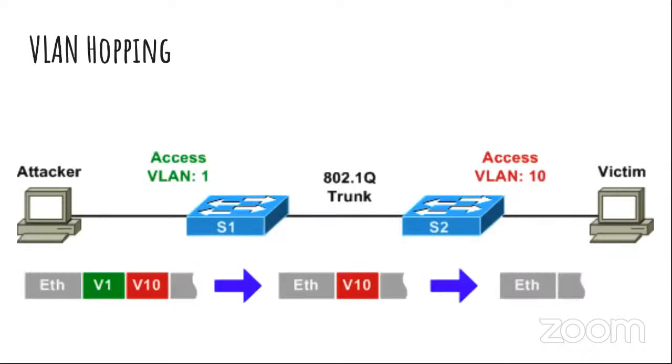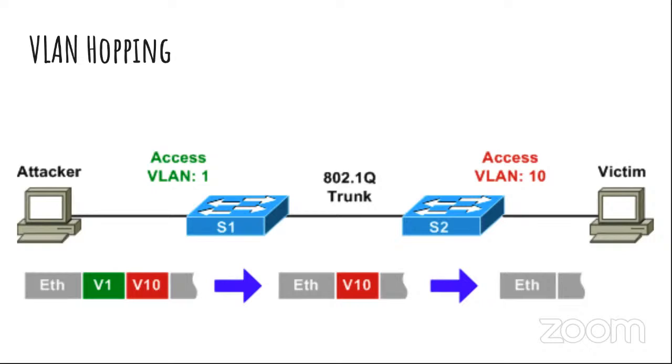Now, if you thought VLANs were safe, they're not. It is possible to switch spoof or double tag. In switch spoofing, an attacker imitates a trunking switch by spoofing the respective VLAN tag and the trunking protocol.